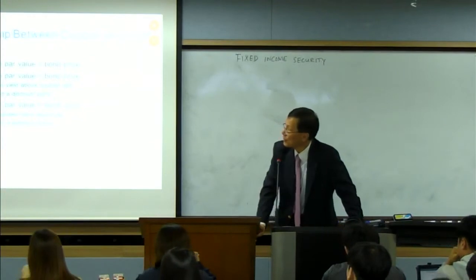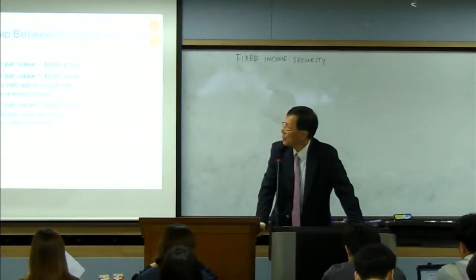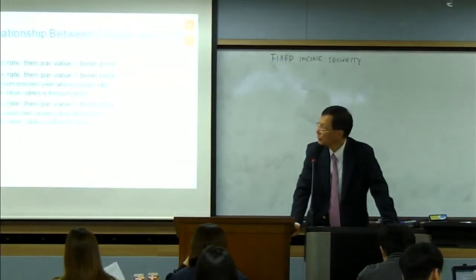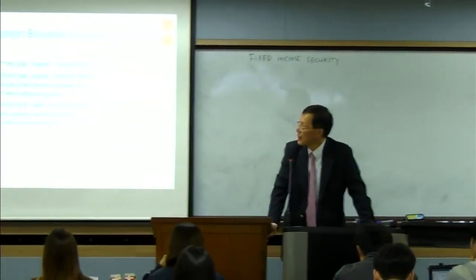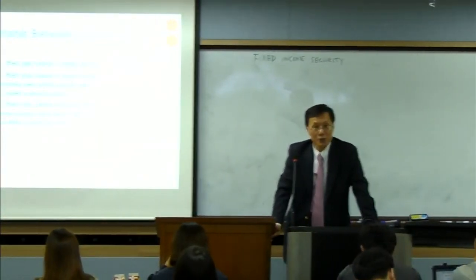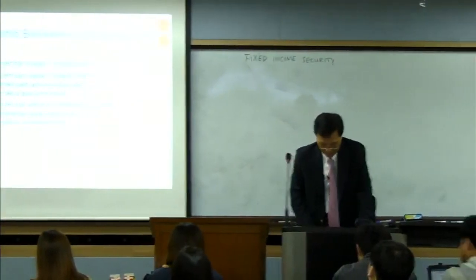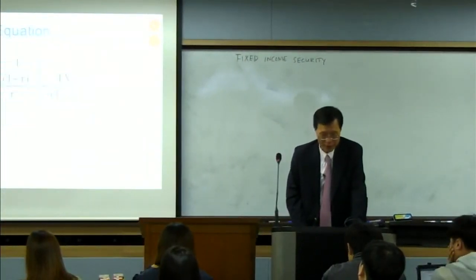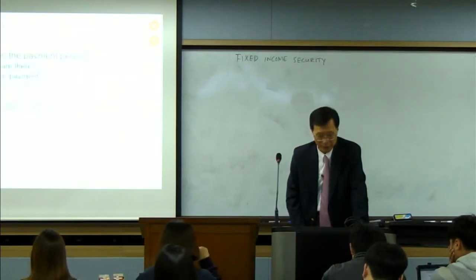If yield to maturity is larger than coupon rate, then bond price is smaller than par value. If yield to maturity is less than coupon rate, then bond price is larger than the face value. That much we've learned, and this is the pricing equation, which you are already familiar with.